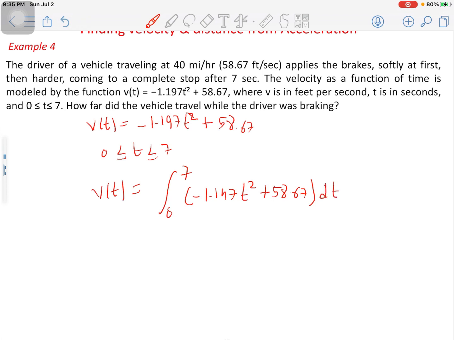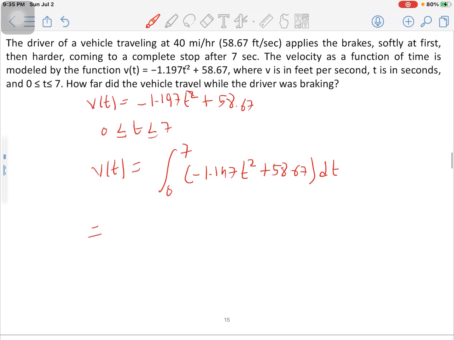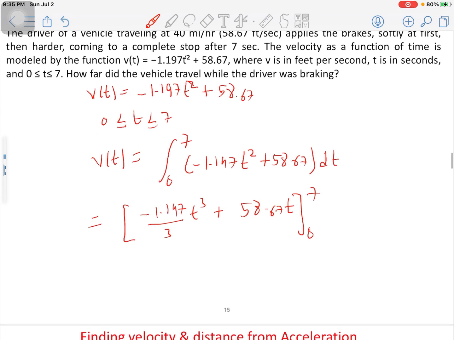And remember, it's dt because we are integrating with respect to t. So since you understand your integration, you are going to just do your normal integration. You are going to get negative 1.197 over 3 t cubed plus 58.67 t. And our limit of integration is going to be 0 to 7.